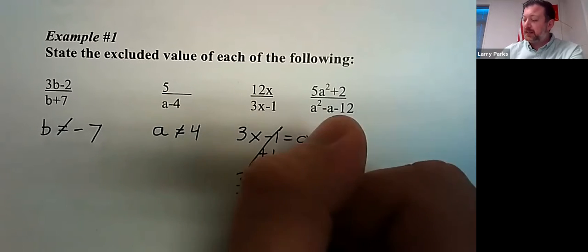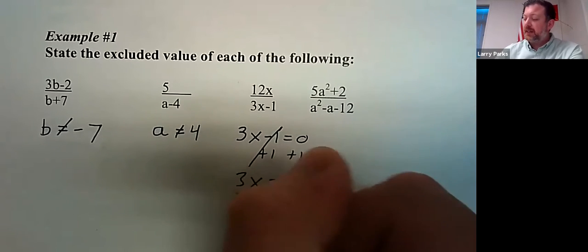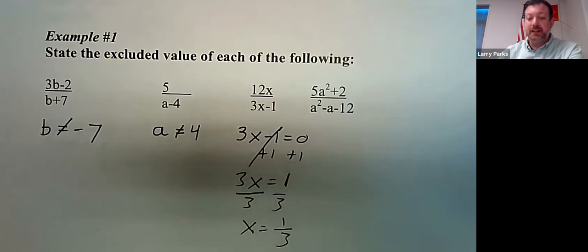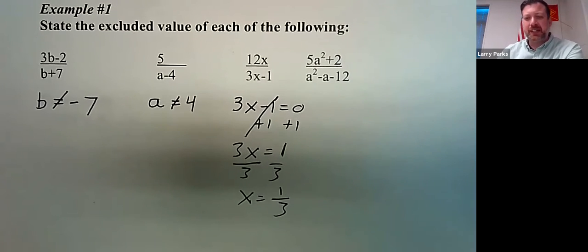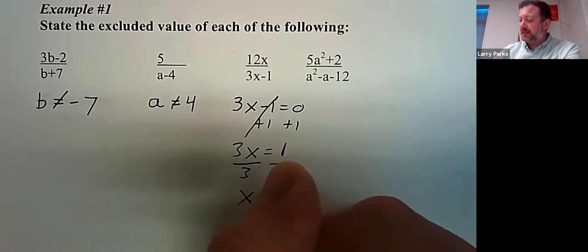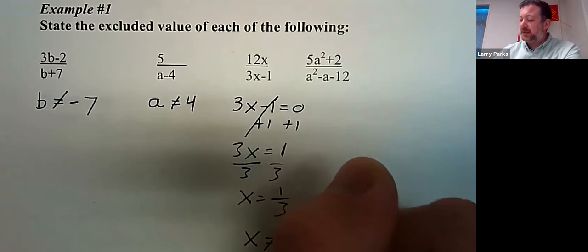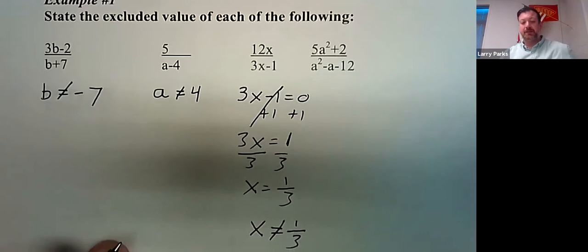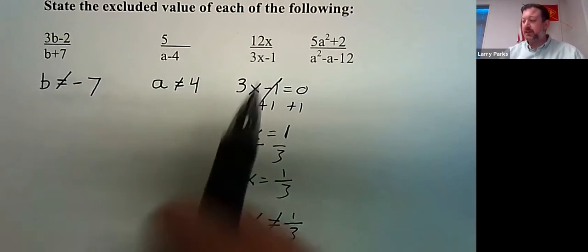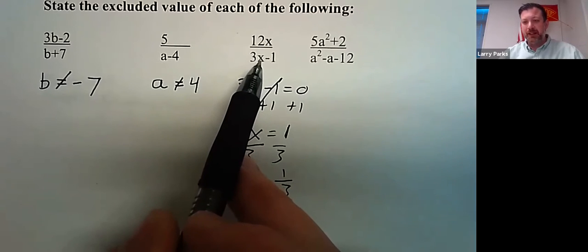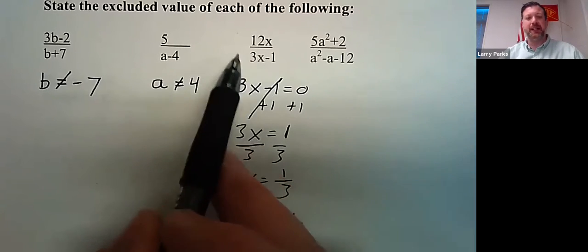Divide by 3. And I get x is a third. Now, we're not really trying to find a value of x. We would say x cannot equal a third. So 3 times a third is 1. 1 minus 1 is 0. You can't divide by 0.